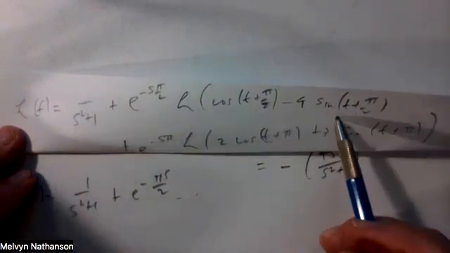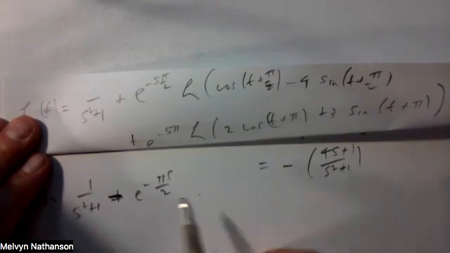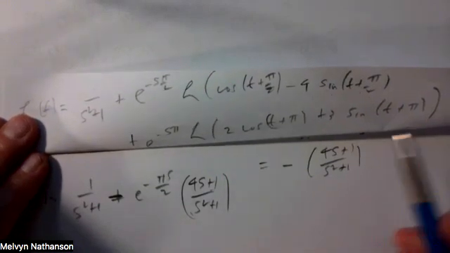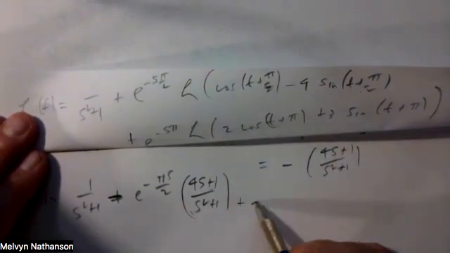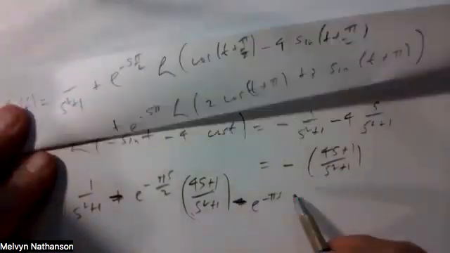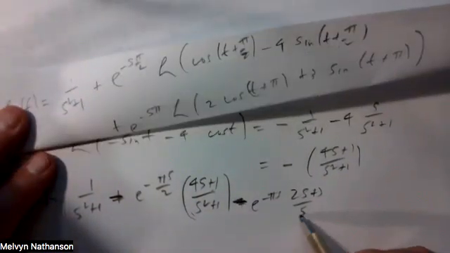This Laplace transform, we just calculated it, is minus 4s plus 1 over s squared plus 1. And this Laplace transform, e to the minus pi s, we calculated that and got another minus 2s plus 3 over s squared plus 1.